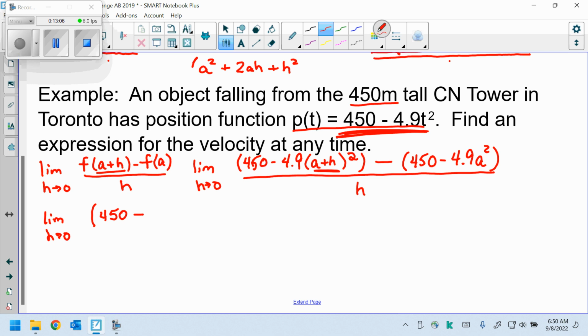And I'm supposed to multiply that thing by 4.9. So I think I'm going to be, and remember, I'm subtracting this thing. So I'm going to be subtracting 4.9 a squared.